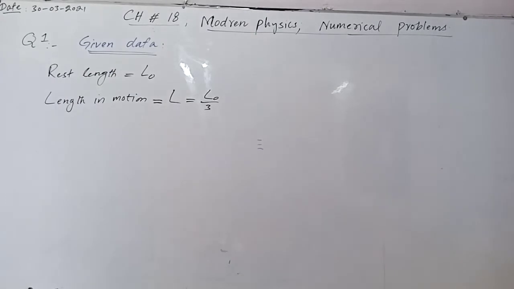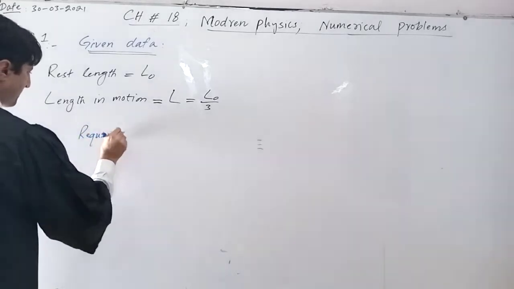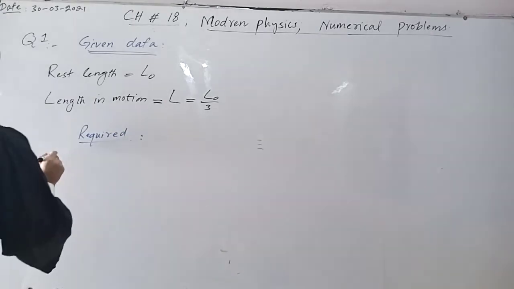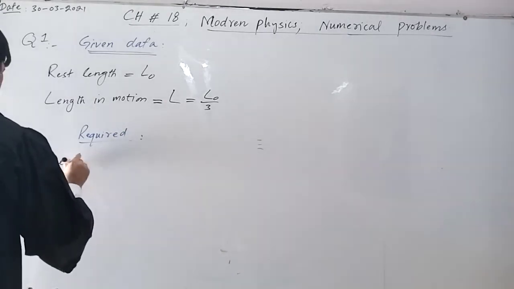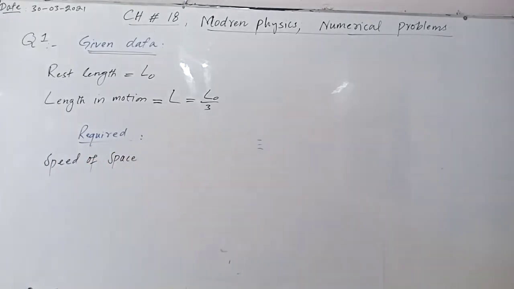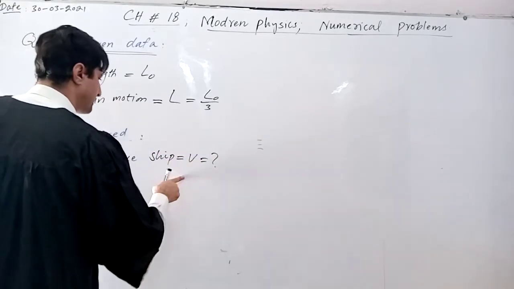What we have to calculate? We have to calculate the speed of spaceship. Required is speed of spaceship. Speed of spaceship is represented by v, simply. v is to be calculated.